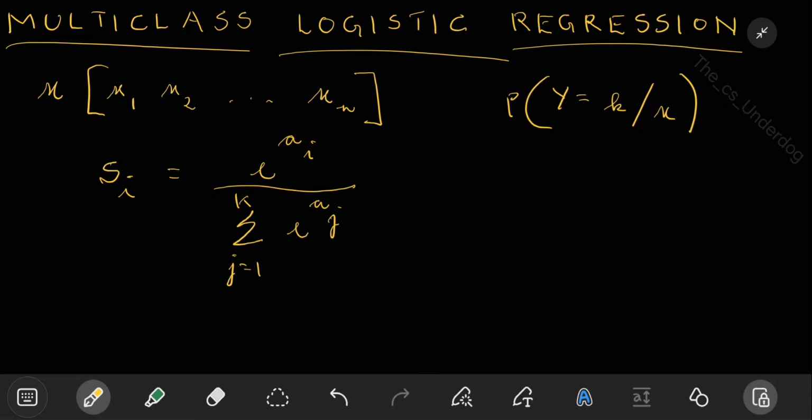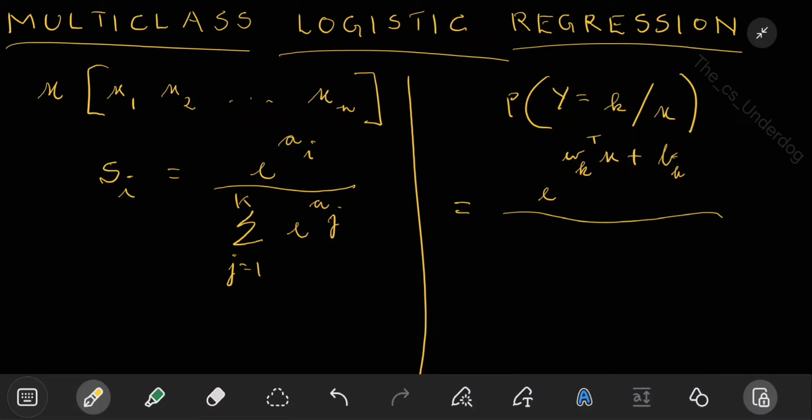In logistic regression, using the softmax function, how do you write this? This can be written as e power wk transpose X plus bk for the kth class, divided by the sum over all the classes.